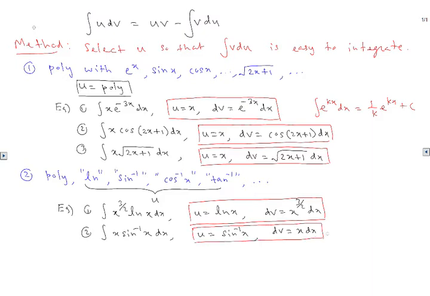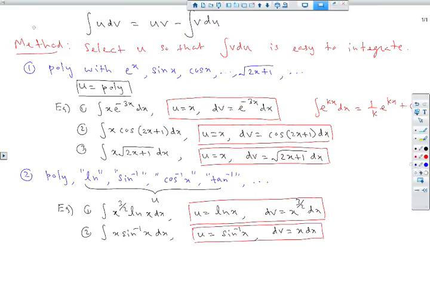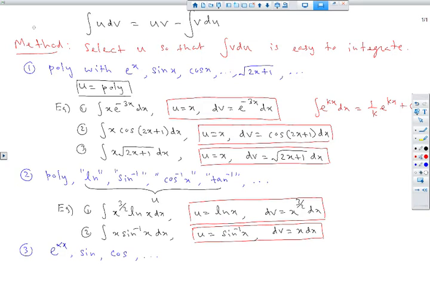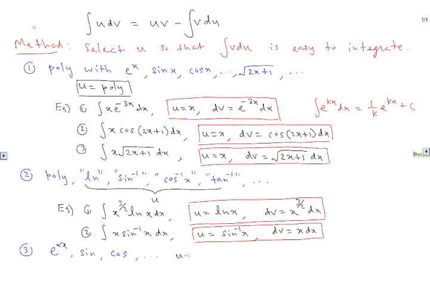And the third class is where you're going to see some exponential functions along with sine and cosine functions. If you see these kinds of functions, we're going to select u as the exponential function just to make it easy. Even if you select the other one it can work, but this is much easier.